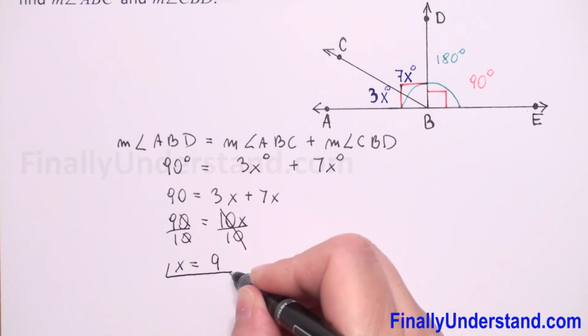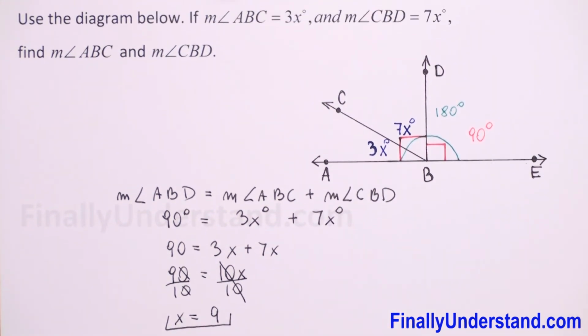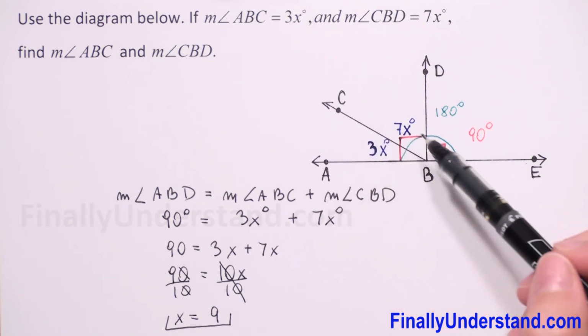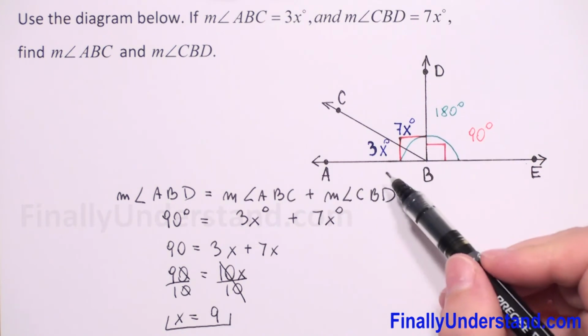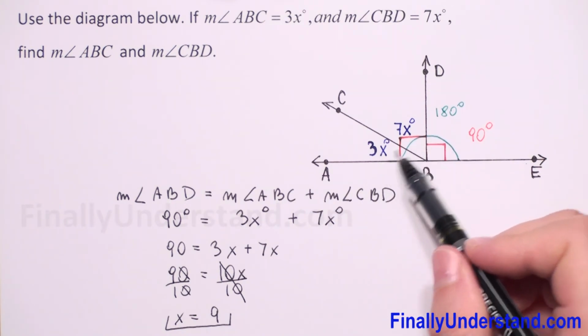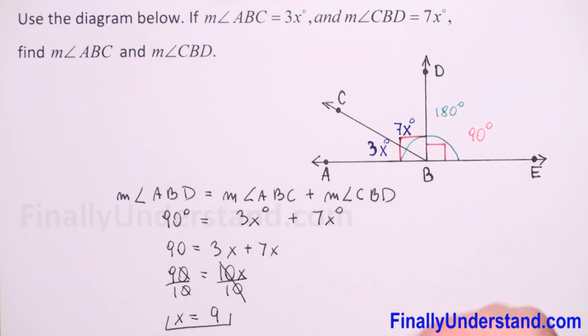We have x. So now, to find the measures of angles ABC and CBD, we can substitute x by 9, and we will have the measures of these angles.